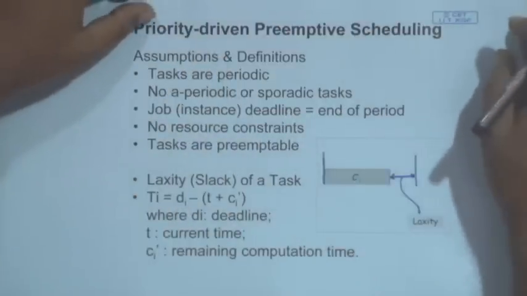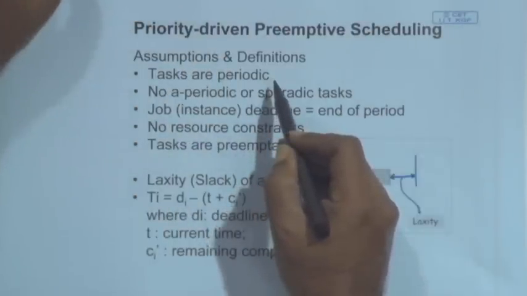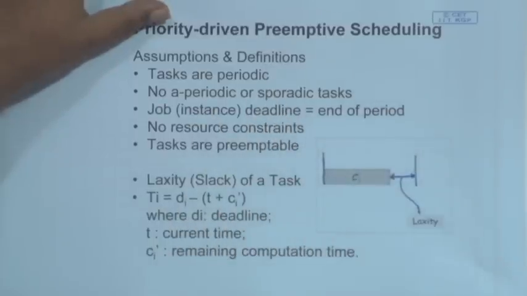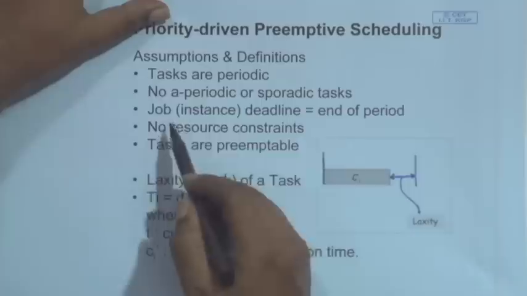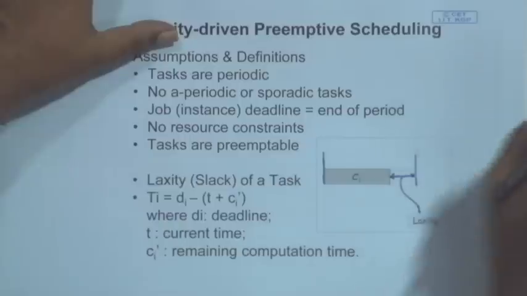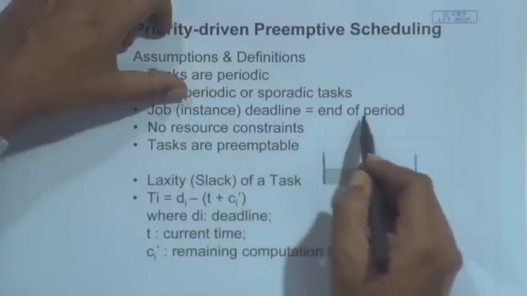Okay. Our assumptions are as before, the tasks are periodic. No aperiodic or sporadic tasks are coming suddenly and never again. The job deadline is the end of the period. That is what we are assuming here, for the static priority case.